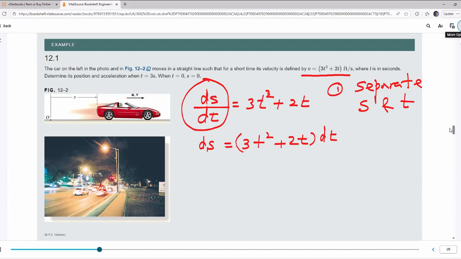Then the next step, integrate separately. Okay, just like this.